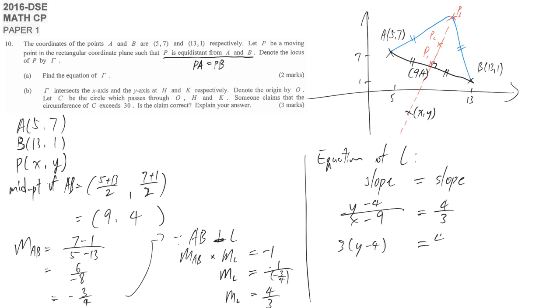We tidy up, and then it depends on what you like. Maybe you can use slope-intercept form or general form, both are fine. So we get this equation.